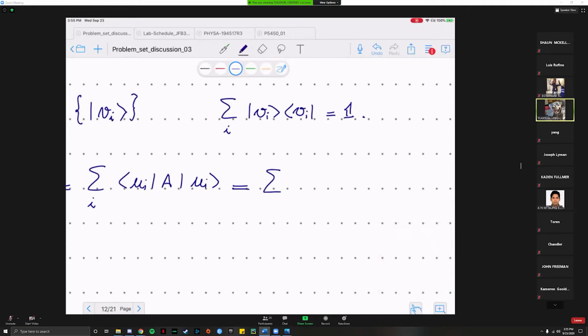Now you see that something that often is a difficulty is that here I wrote this with i, but here I'm already using i, right? So here I need to come up with another index name. So I'm going to keep i going with the U_i's, and I'm going to use j for the V's.